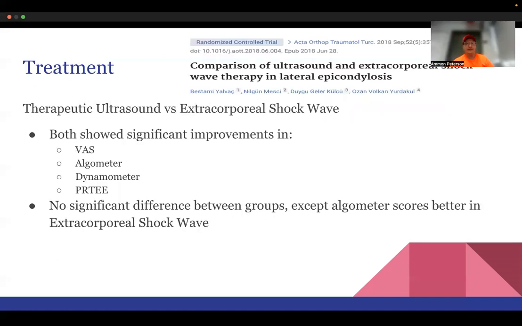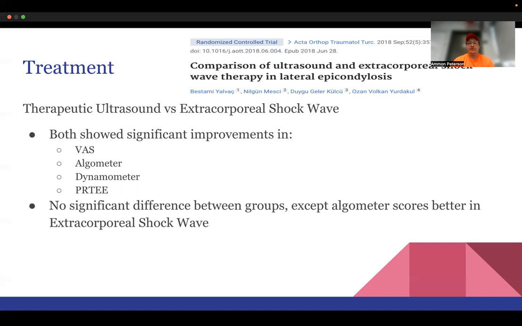So for treatments, there were a couple of studies that we looked at. The first one was between therapeutic ultrasound and extracorporeal shockwave therapy. The parameters for ultrasound were a 1 centimeter squared head, 1 megahertz frequency in continuous mode, 5 minutes a day for 5 days a week, and 10 sessions in total.